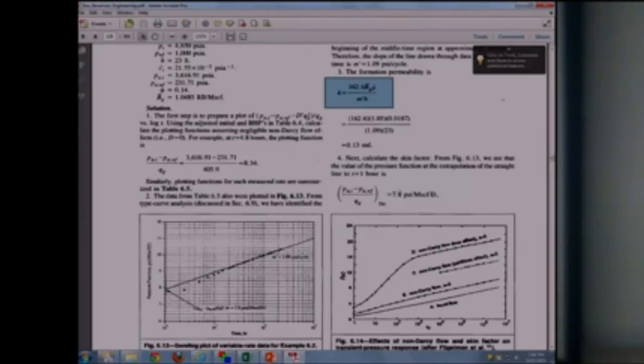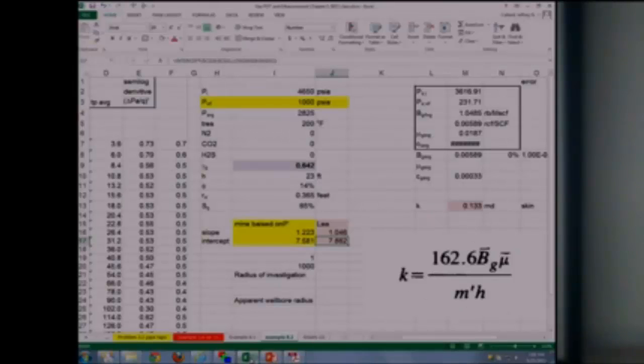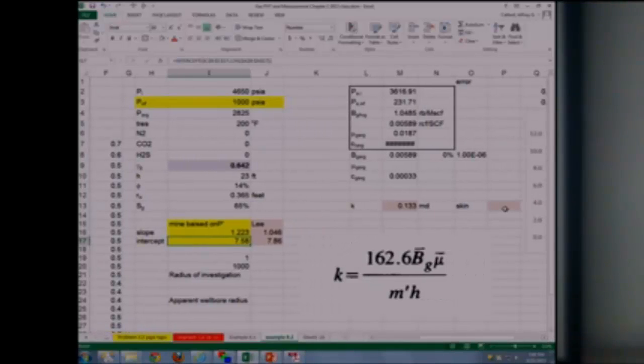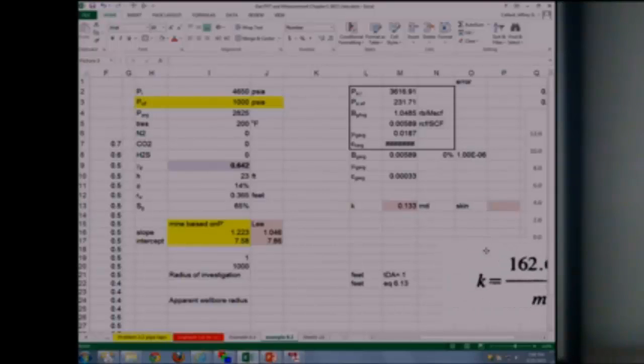Oh yeah, 7.8. Yeah, we're all getting 7.8. This 8.34 threw me off. Although I'm getting a slightly smaller number with my analysis based on pressure derivative selection of my data points. Okay, so now we're ready to calculate skin using a different equation.